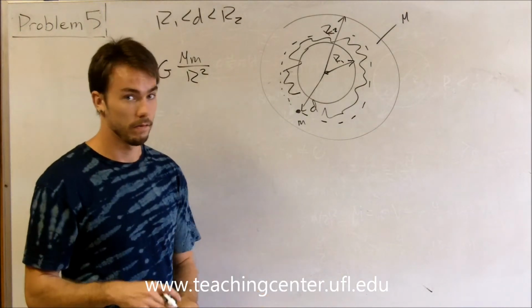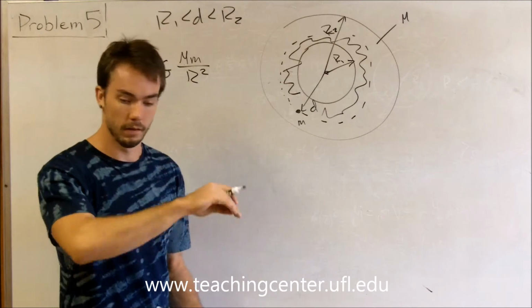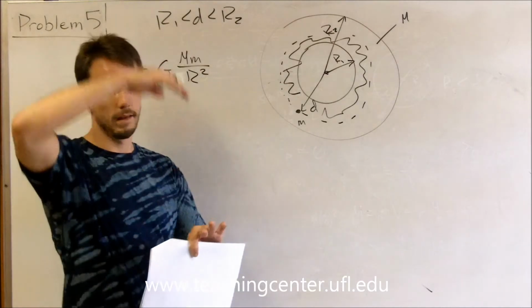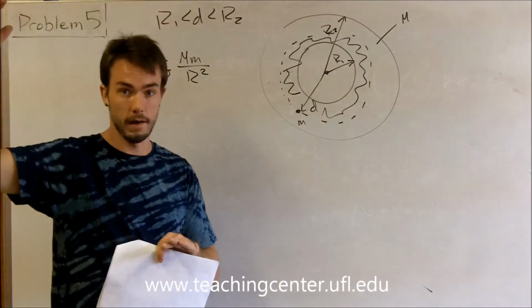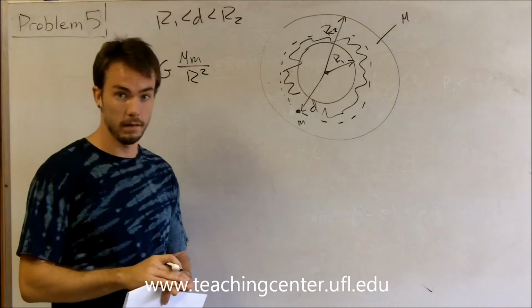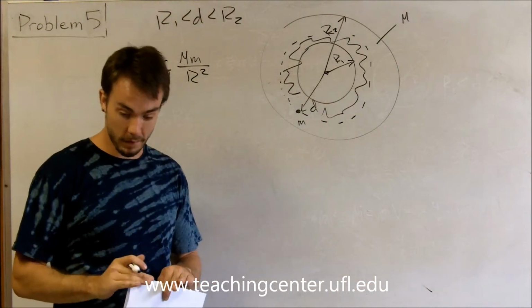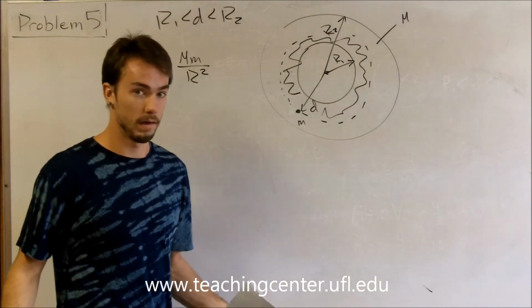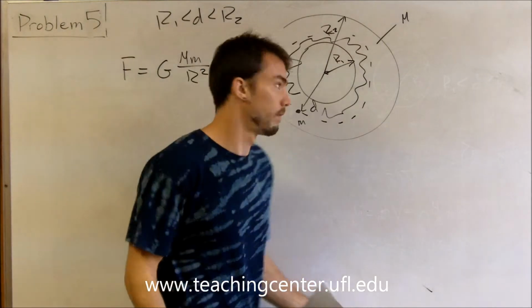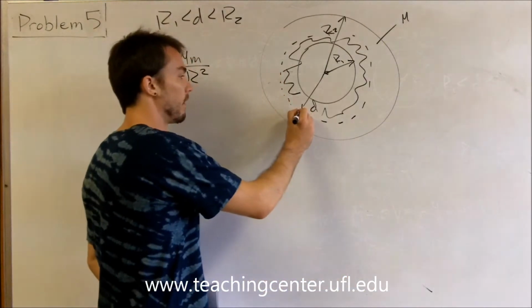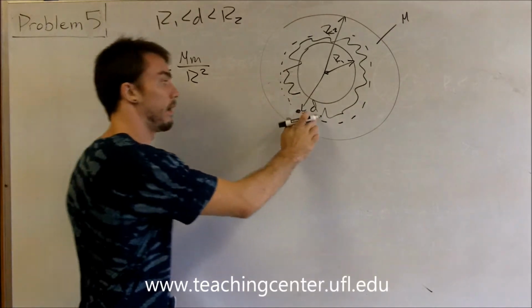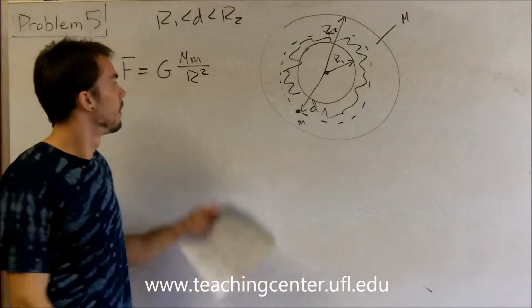If it's outside, it doesn't concern you. If you're inside the planet, anything farther from the center than where you are doesn't make a difference to the gravitational force. So to sum up, our r has to be equal to d.